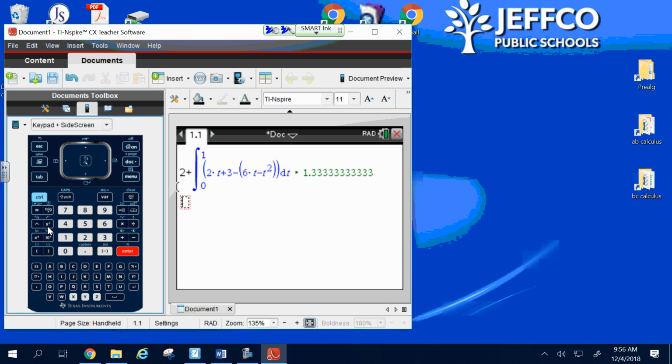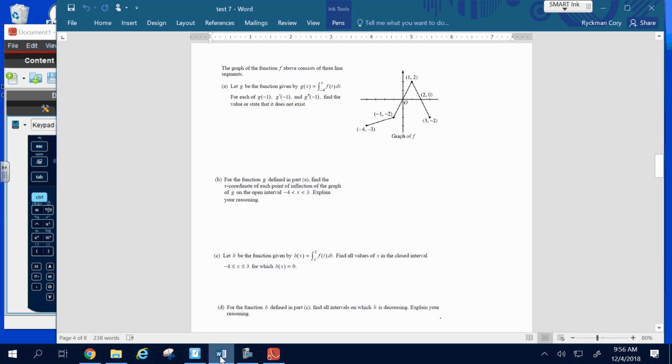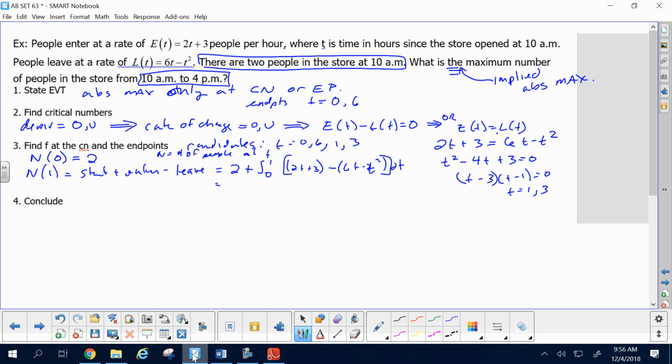Did you get 1.333? Yes? Okay, that would probably imply that more people were leaving than coming because the number reduced. 1.333 or one person at time 1.